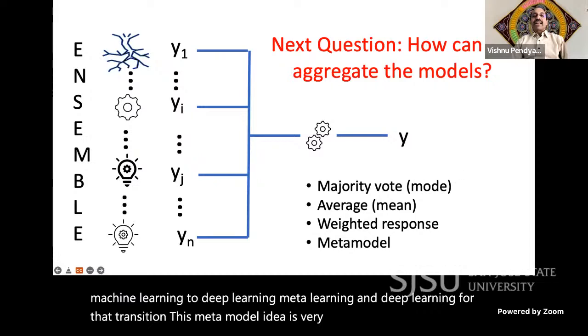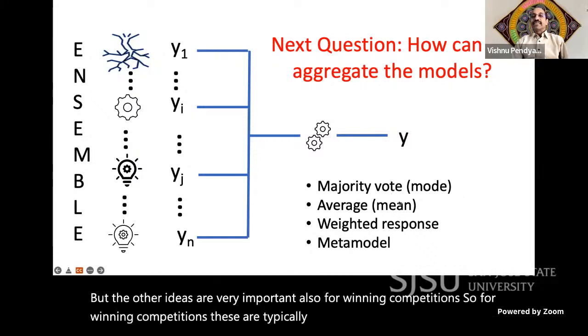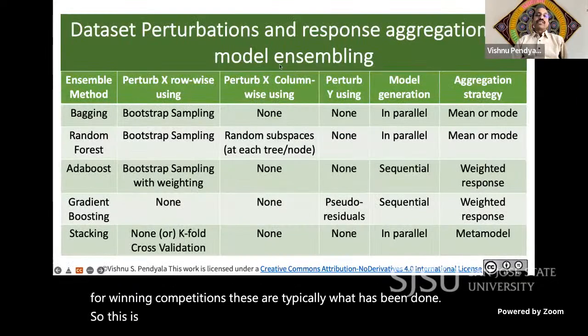But the other ideas are very important also for winning competitions. For winning competitions, these are typically what has been done, right? So this is a summary. This is the most important takeaway from this talk, I believe.